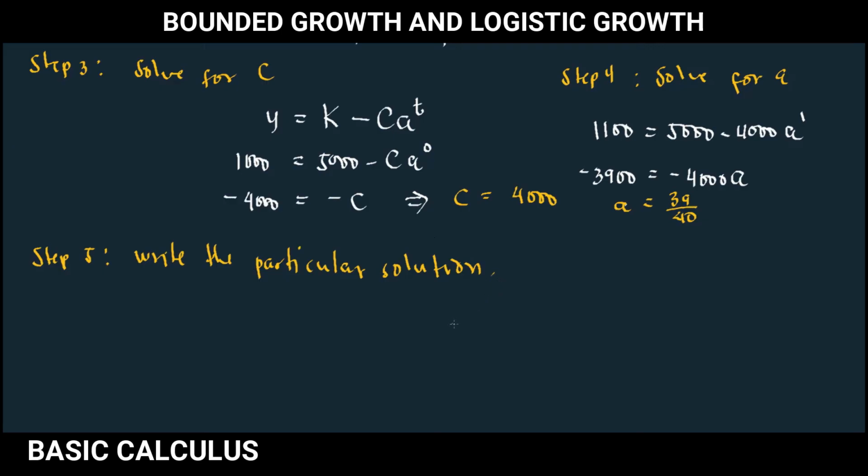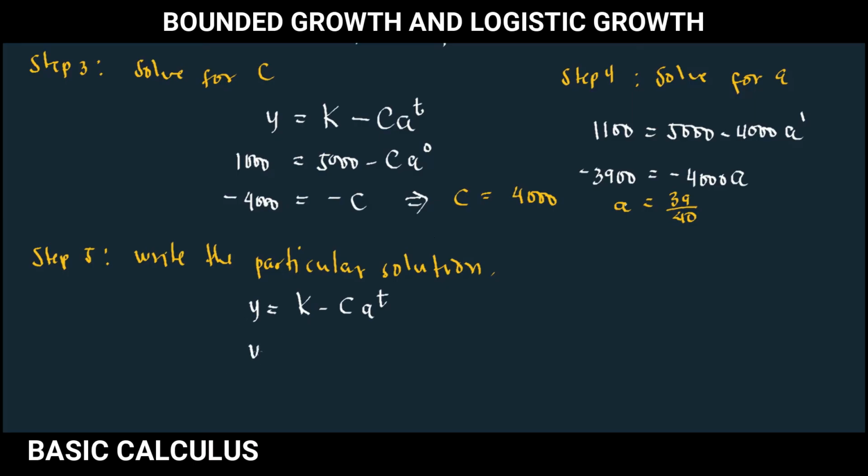Again, to write the particular solution, we need to use the general solution and plug in the values of k, c, and a. So now we have the general solution, y is equal to k minus c times a raised to the t. All we need to do is plug in the values of k, c, and a into this equation.